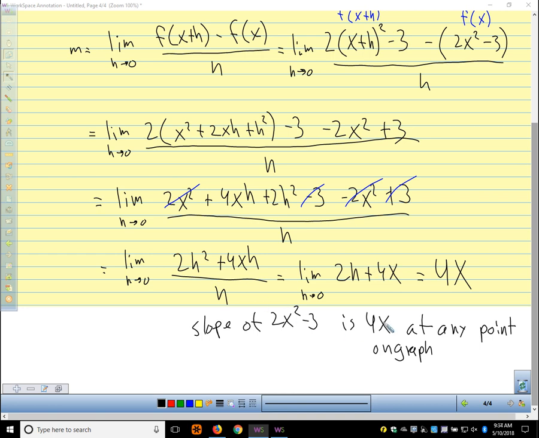This process, this function that describes the slope on a graph, is so important, it comes up so much, that it gets a special name.